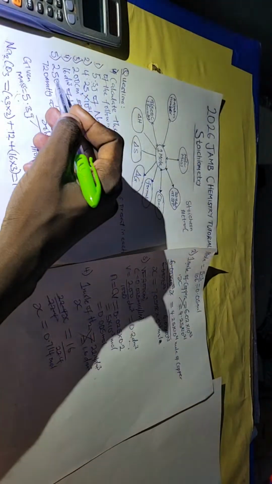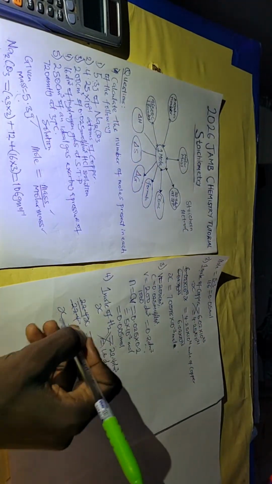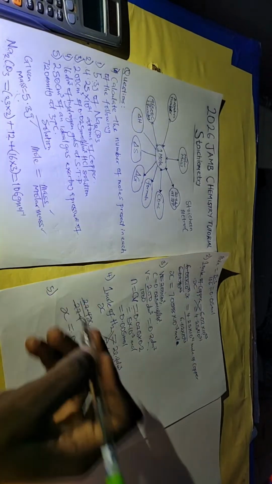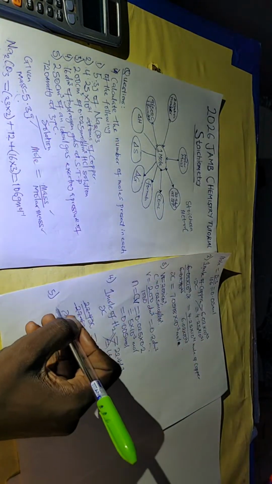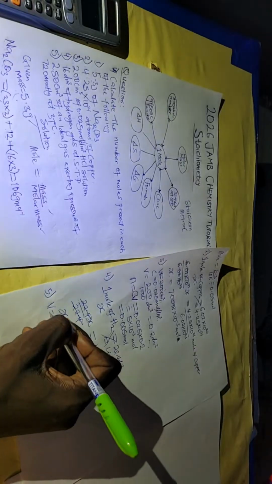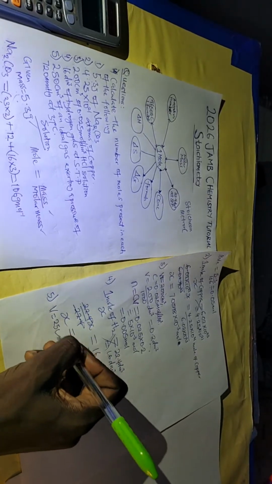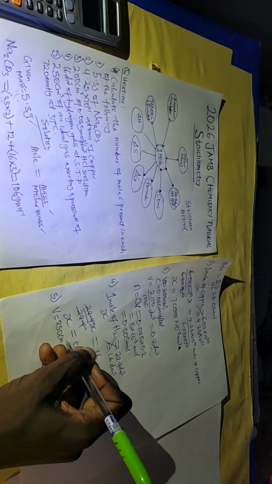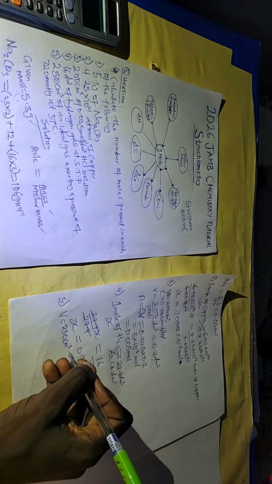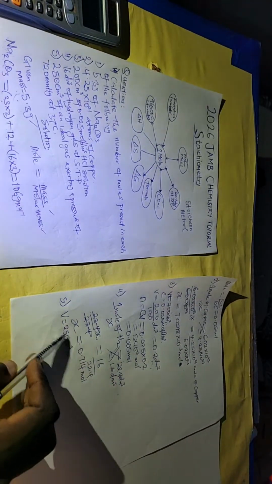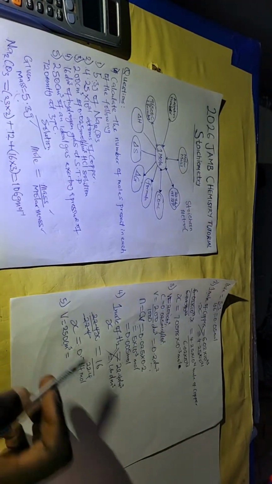We say solution, that is number 5. Write out the parameters that we're given. We're given the volume. Volume is equal to 250 centimeter cube. Mind you that we still need to convert this.